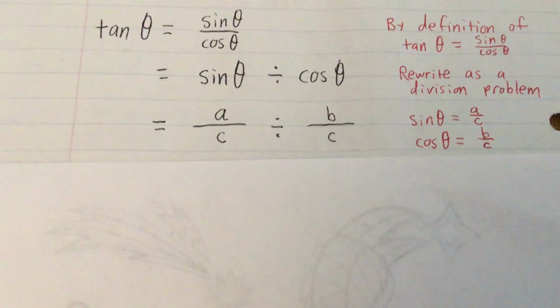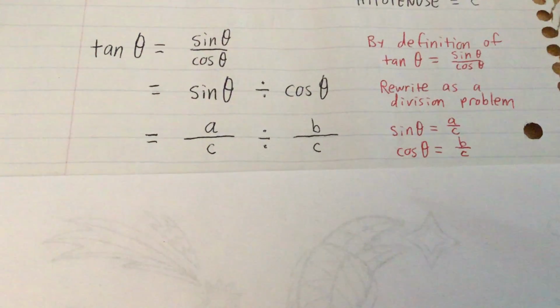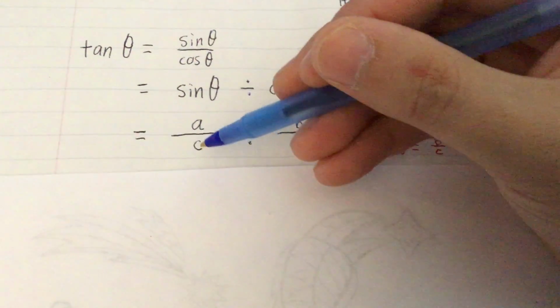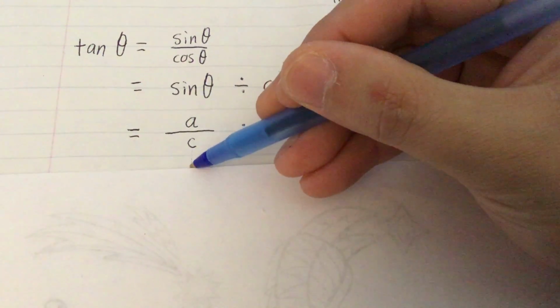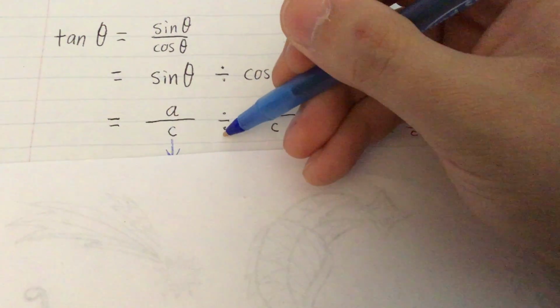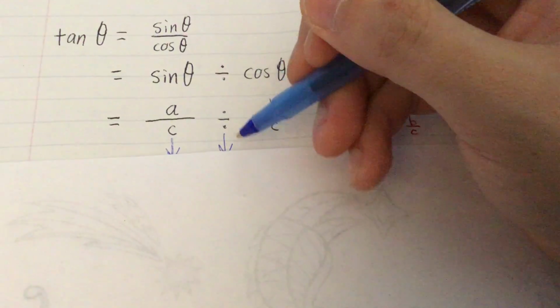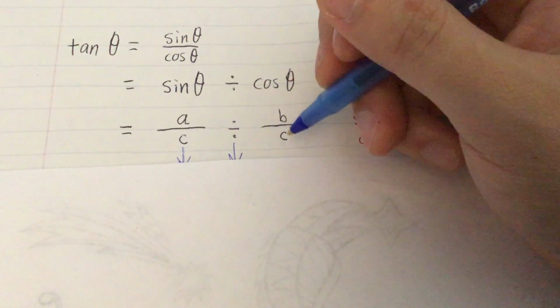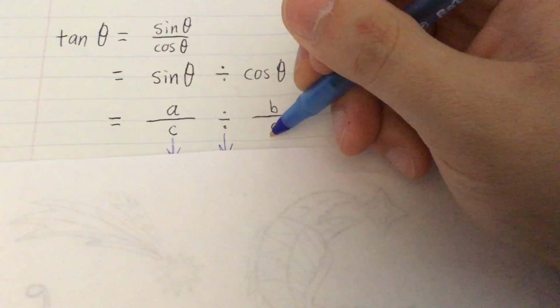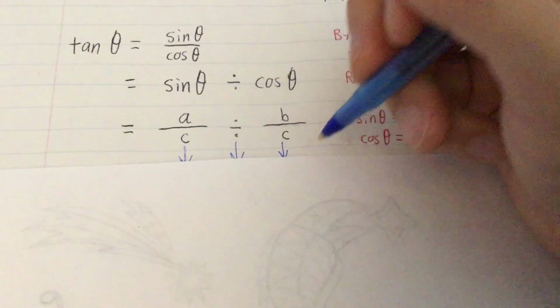Now, go back to the rules of dividing fractions. If I'm going to divide fractions, I'm going to leave the first part alone, turn division into multiplication, and the second part of the division problem, called the divisor, becomes the reciprocal.